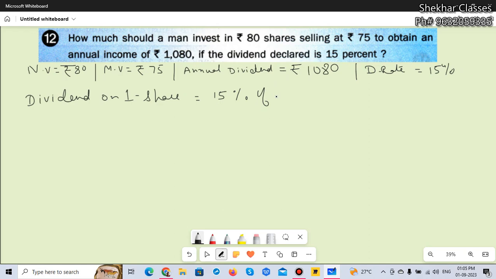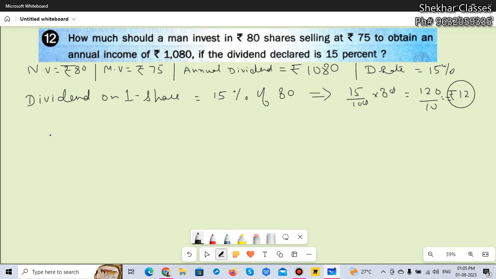Nominal value is how much? 80 rupees. So 15% of 80, how much is that? 120 upon 10, which is equal to 12 rupees. That is the dividend on one share.